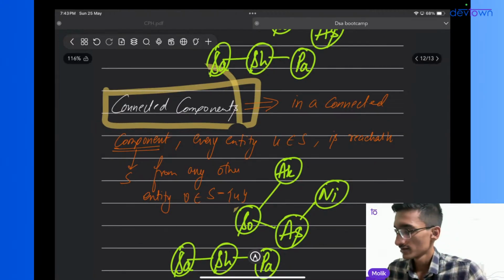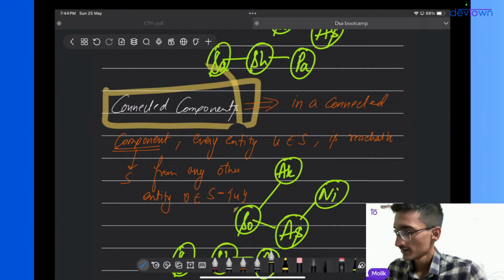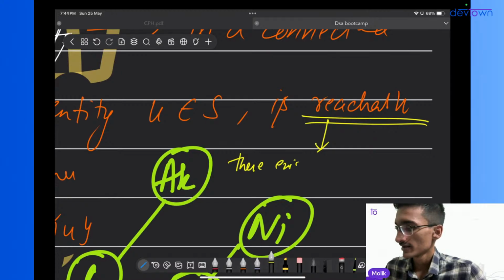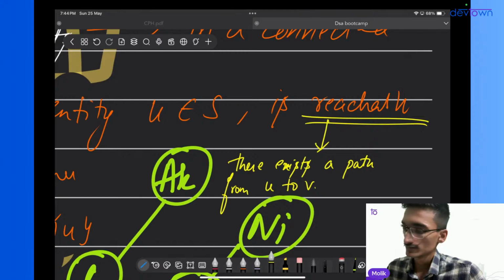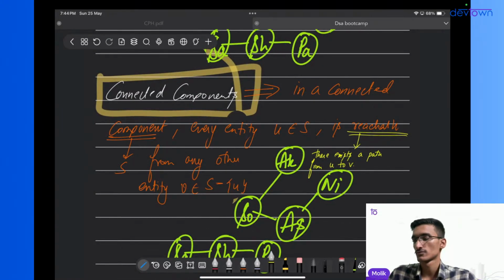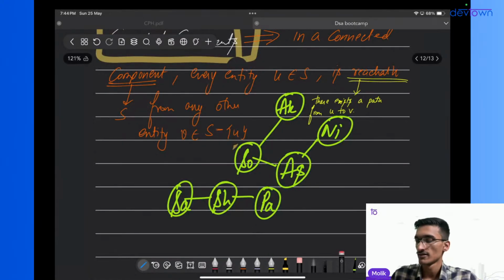Now what is the definition of reachable? What do we mean by reachable? Reachable means there exists a path from U to V. Okay, so see, this is reachable from every vertex, every entity of this component.